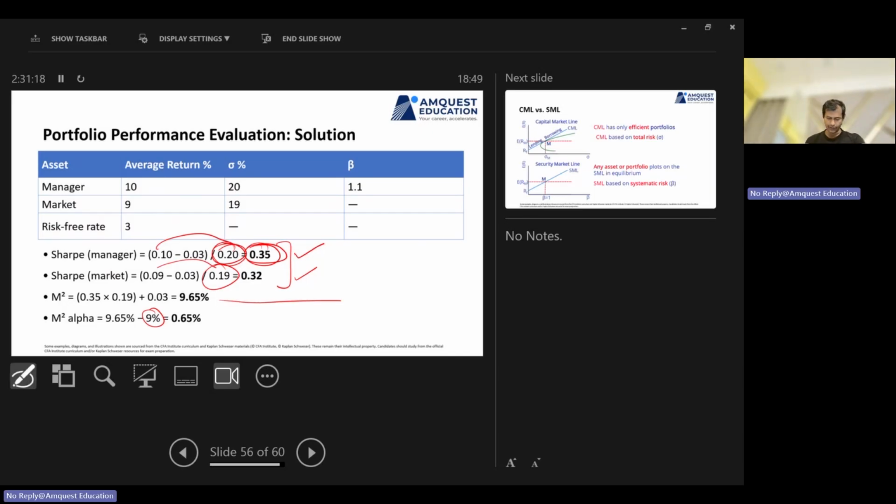Now, how do I arrive at the M square? Because once I get M square, I will then compare it to the market return and I get alpha. Good.